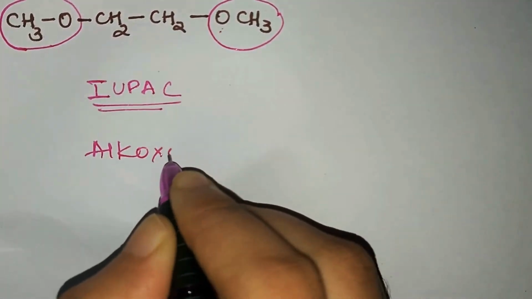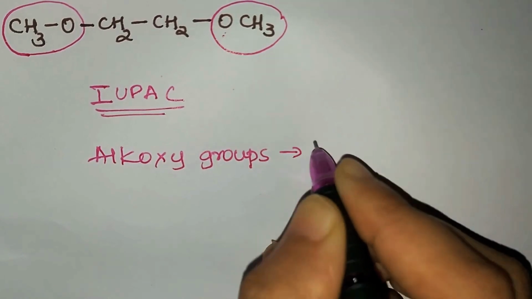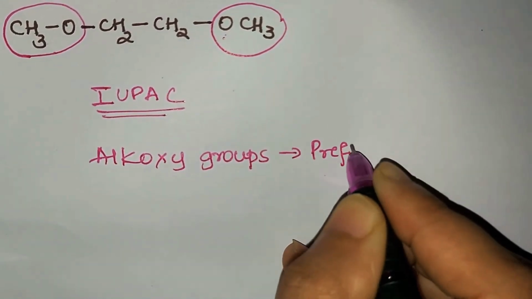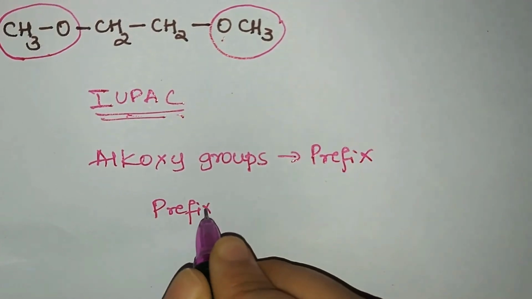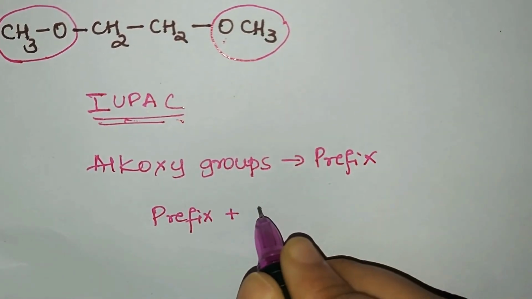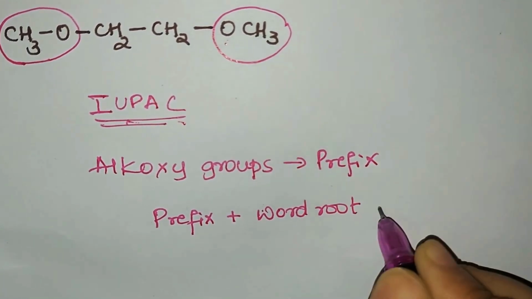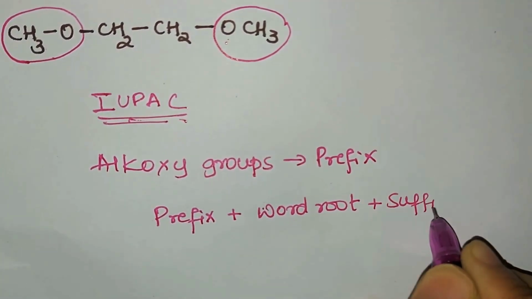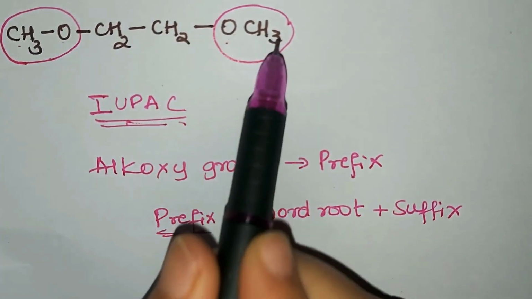The substituents here are alkoxy groups. Which are those alkoxy groups? Methoxy groups, because you are having 2 methyl groups present, so your prefix in this case will be methoxy. And how do you write the IUPAC name? You write the prefix followed by the word root and then the suffix. So what is the prefix here? In this case you are having 2 groups, so the prefix becomes what?